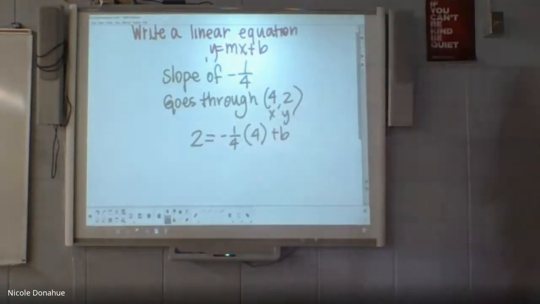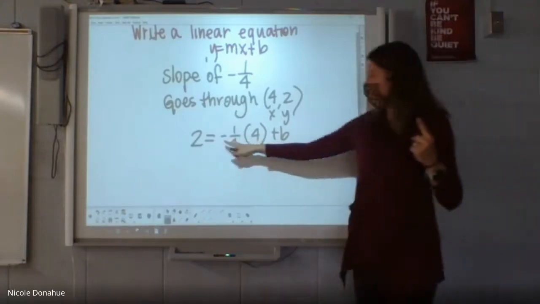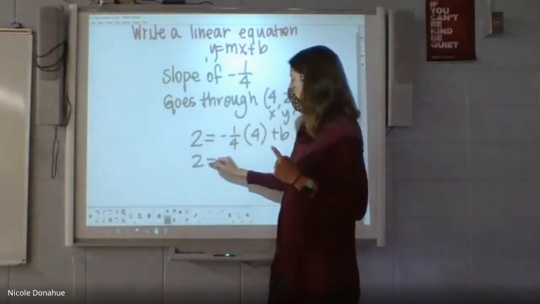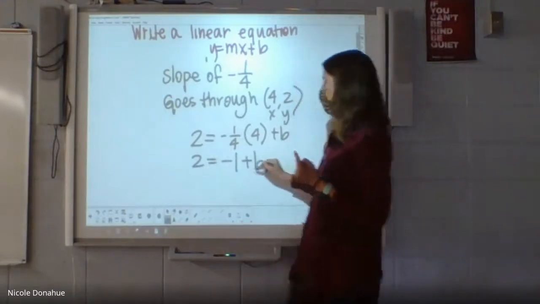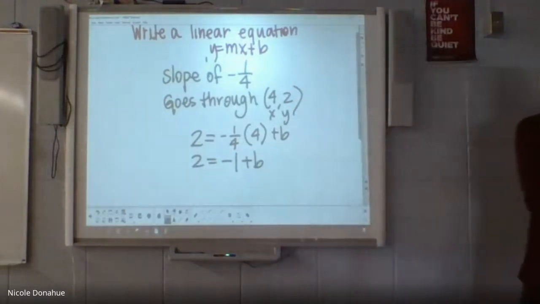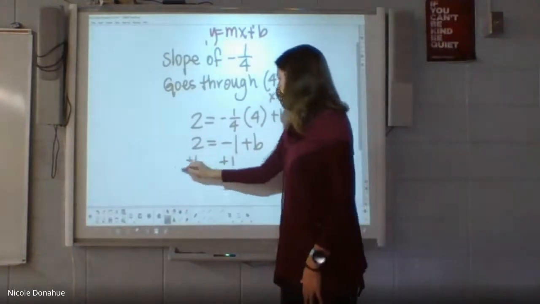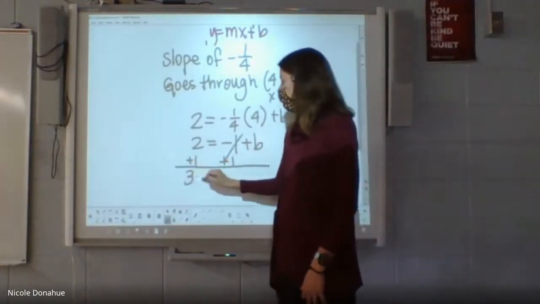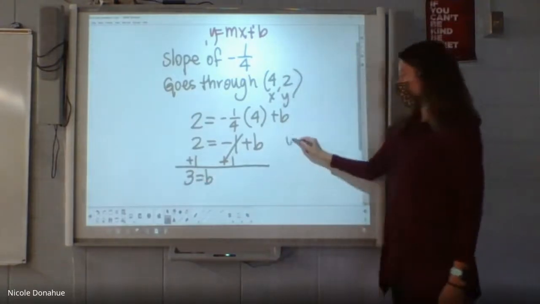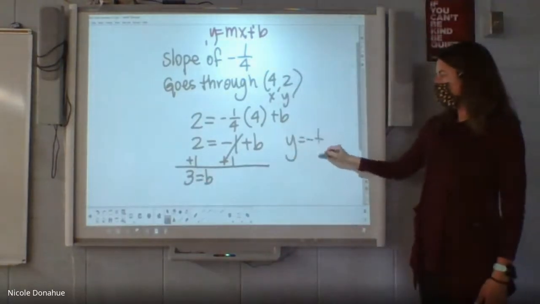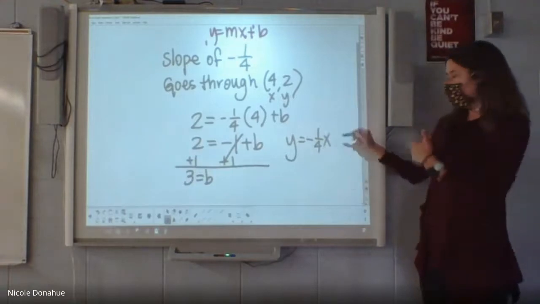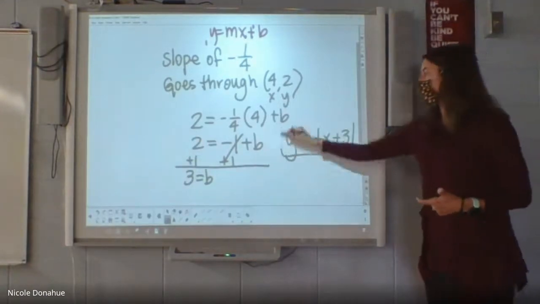Now, like I said, this is a good one because the slope and the x work out really nicely. 1/4 of 4 is just 1, except it's a negative times a positive. So this is just going to be -1 plus b. Then in order to solve, I'm going to add 1, so I end up with b being 3. And then I can't forget to write that equation, but with the x in there, so don't forget the x as you go. All right?